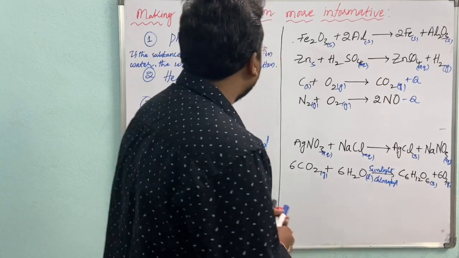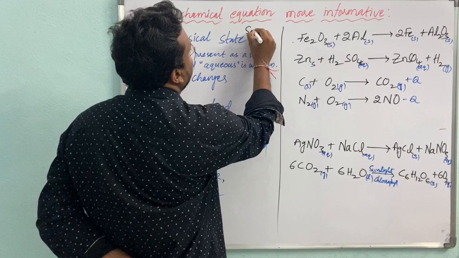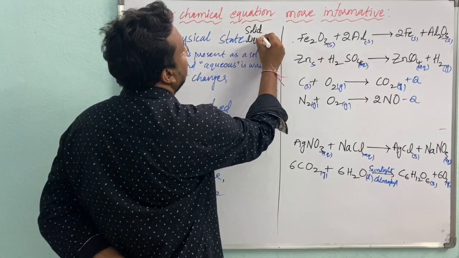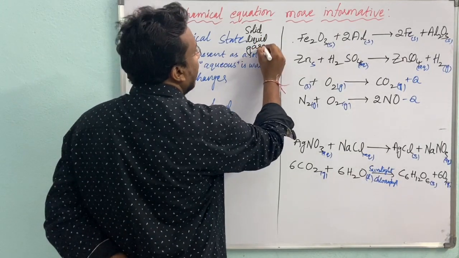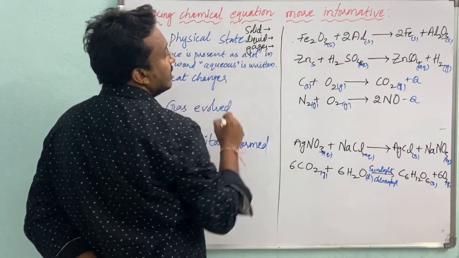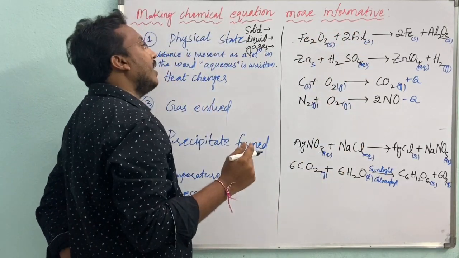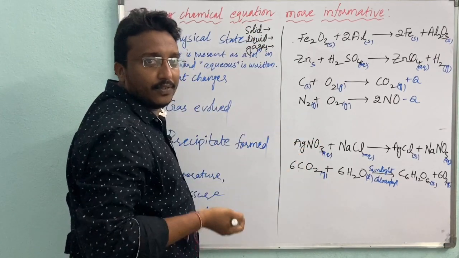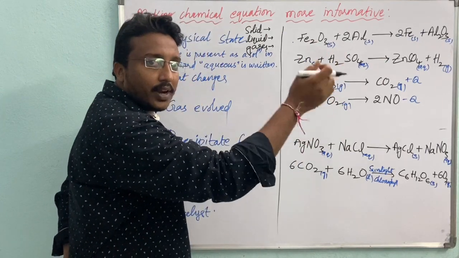We have three types of substances: solids, liquids, and gases. They are mentioned in the chemical equation by a notation, a simple symbol that represents whether the given substance is a solid, liquid, or gas.